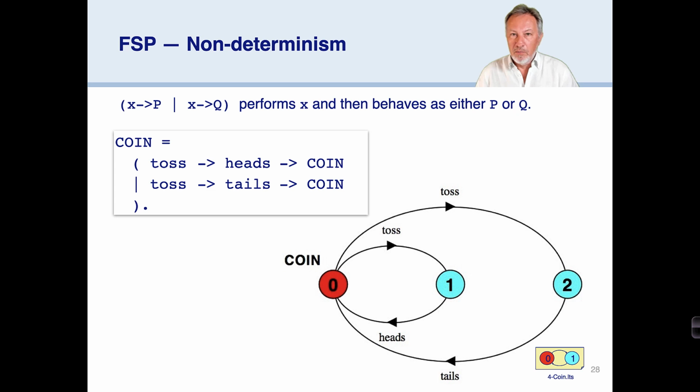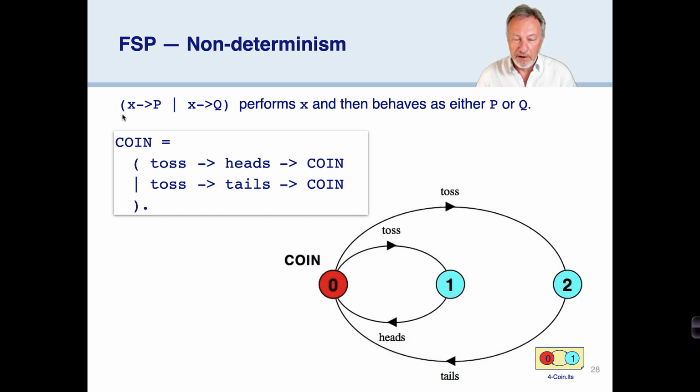So far, our programs have been completely deterministic. We decide whether to press the red button or the blue button. There's no non-determinism. We can have a process that is internally non-deterministic. When we take an action, we don't know what state it will go into. So here's an example of that, and it's kind of cool.